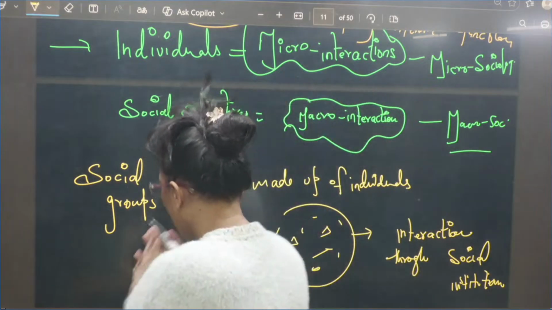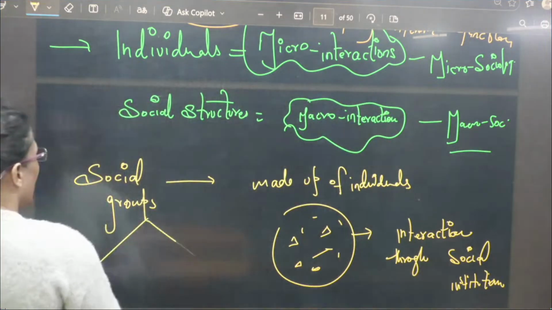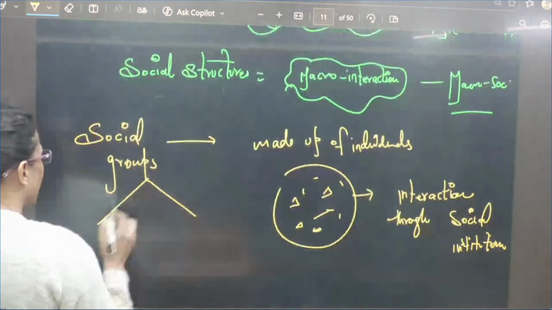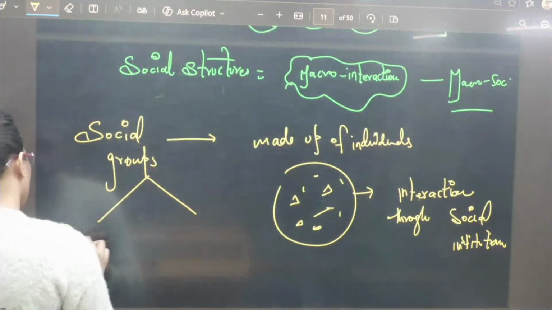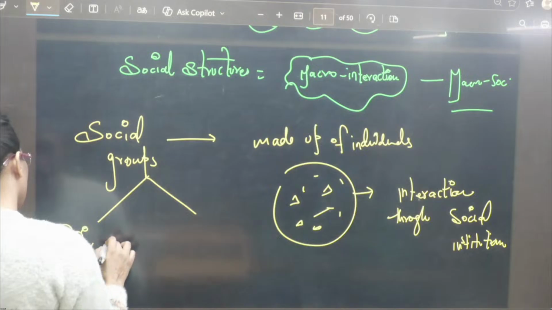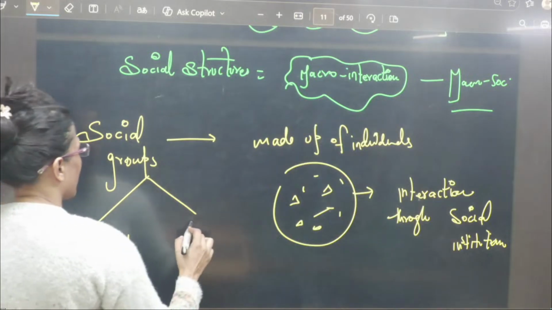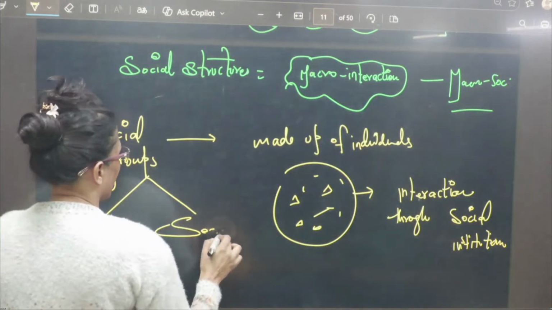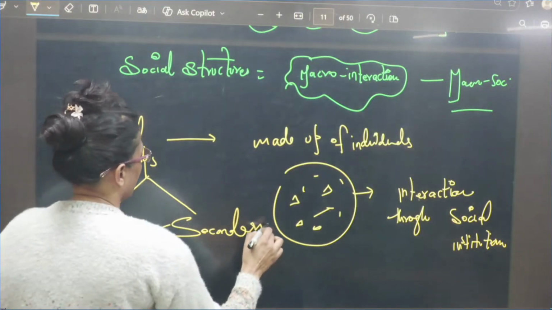Now, social groups are of two types: primary and secondary.